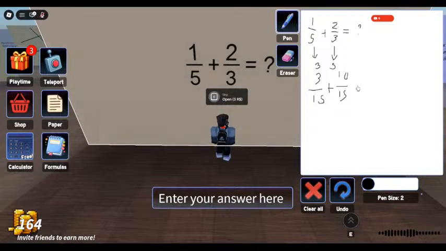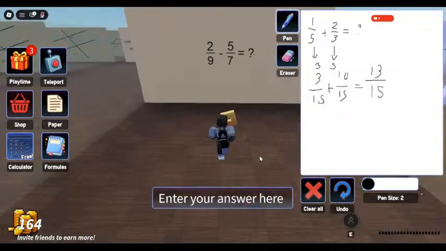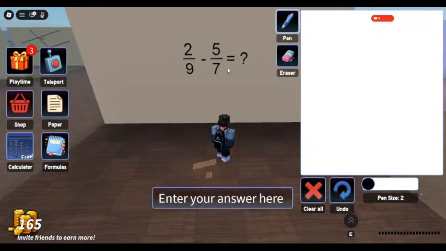Same, plus pa rin. 15, 15, same ang bottom, and 13. Now we have 13 over 15. And now, there you go. Correct. Now, this one is kind of the same, but you need to minus it.